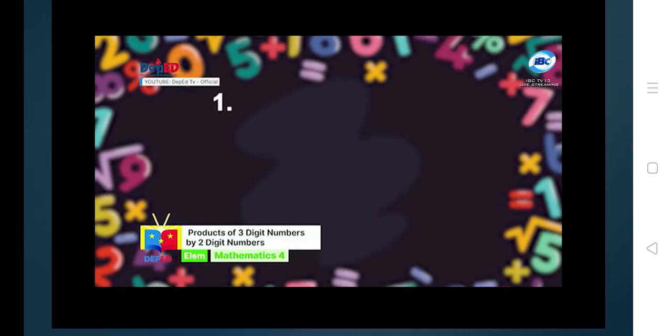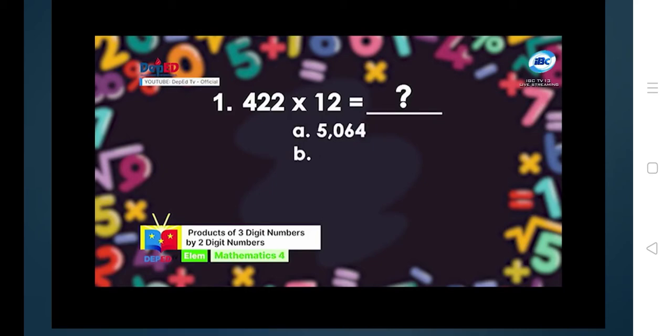Number 1. 422 times 12 is equal to A. 5,064, B. 3,204, C. 1,064.